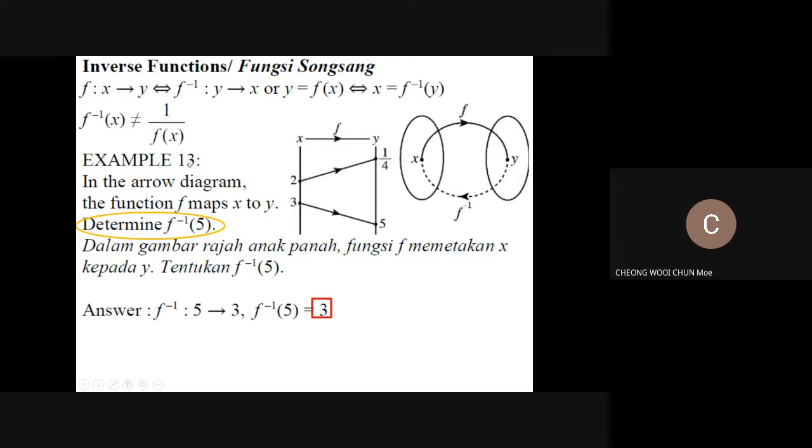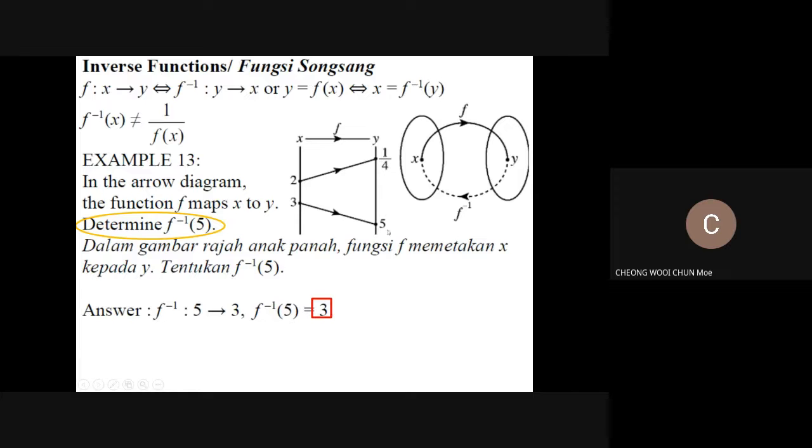Okay, so we look at example 13. In the arrow diagram, the function f maps x to y. Determine inverse f of 5. So inverse function f of 5, for the object 5.